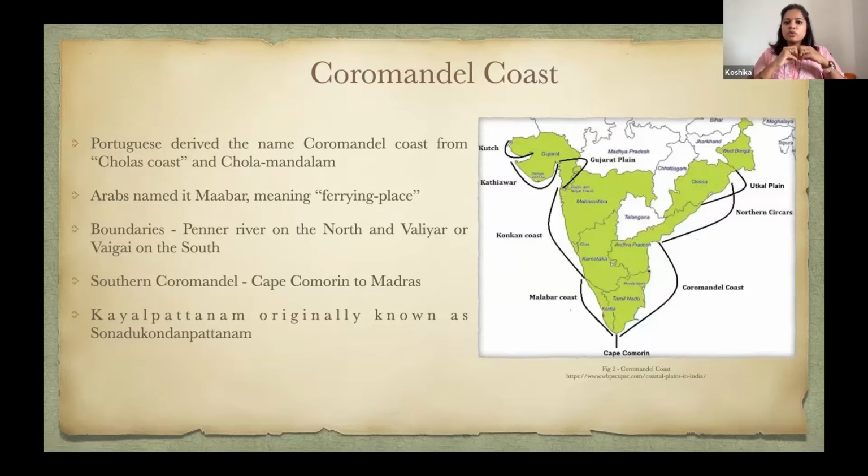There was a port called Korkai, known as the Pearl Port of Tamil Nadu. Muslims were doing trade in this Korkai, at the mouth of the river Tamirabarni. Because of some reasons, they abandoned this port and moved to another port called Kayal. But they are not the same: Kayalpatnam and Kayal are two different ports.